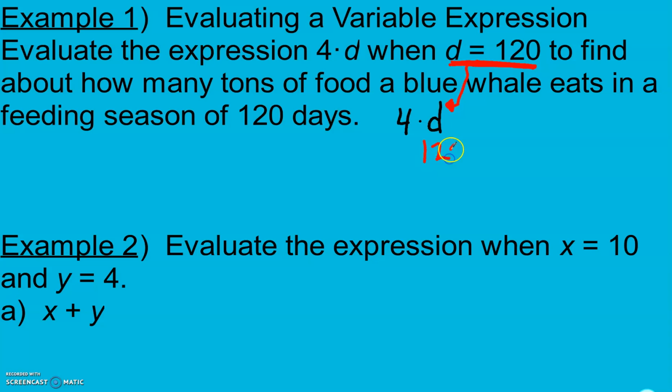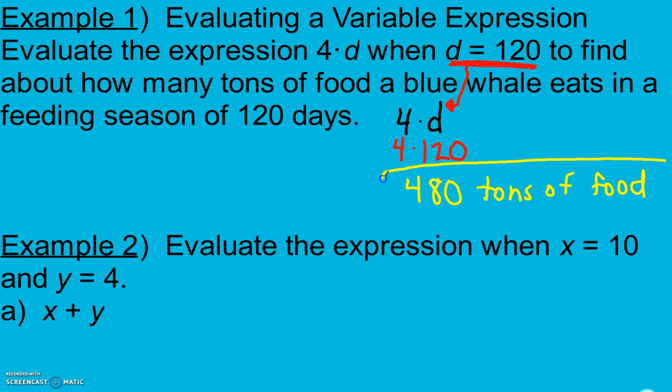So instead of writing d, I'm going to write the 120. And that didn't change anything else. I still have 4, and I still have times. So then I actually multiply that out because that's my operation. And I get 480, and this is tons of food. And that's what I get when I simplify.